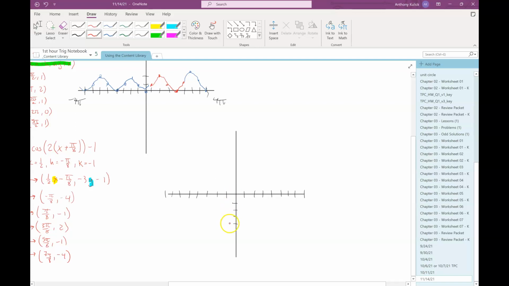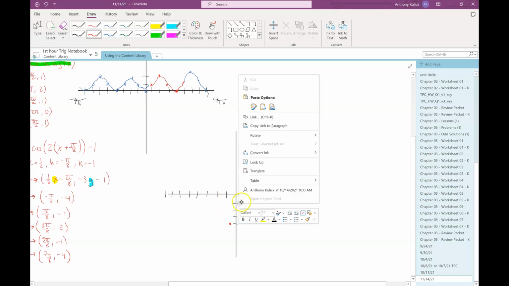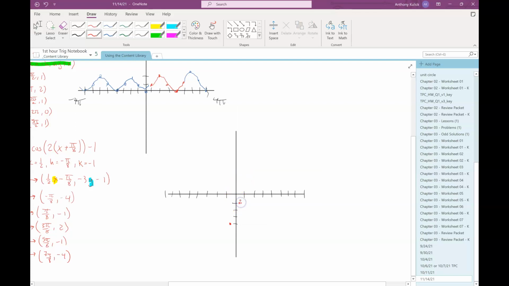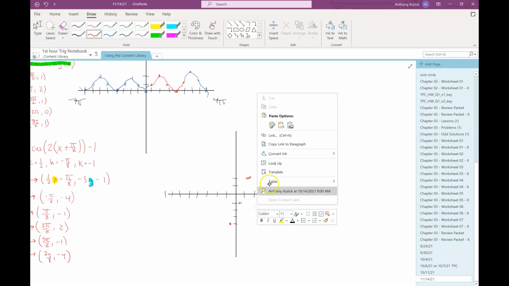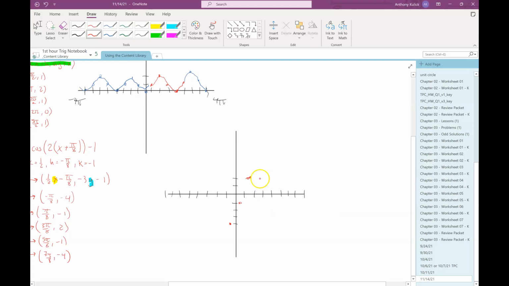So let's see, I start down here, negative pi over 8, negative 4. Then we have positive pi over 8, and then negative 1. And then 3 pi over 8, and we have to go up 2. And then 5 pi over 8 and negative 1. And then 7 pi over 8 and negative 4. So there's one period.